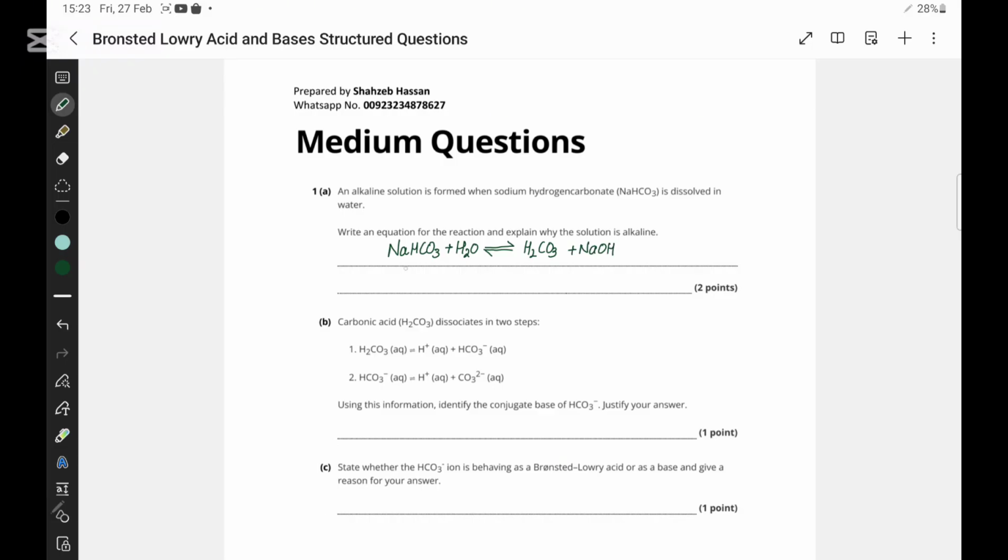If you write the net ionic equation, it is HCO3 minus plus water forming H2CO3 plus OH minus. Hydroxide ions are formed, which makes the solution alkaline.